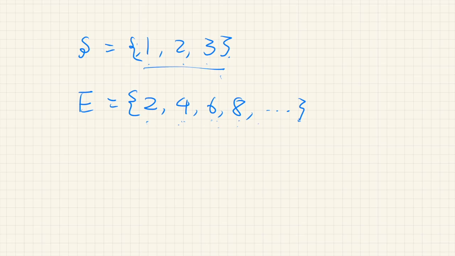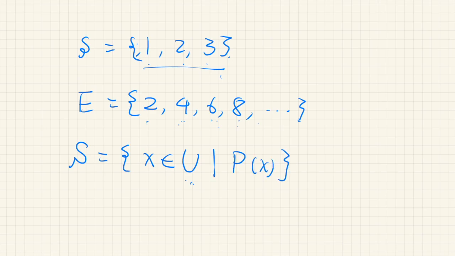So this may be obvious, but sometimes the rules may not be obvious. In that case, we define a set by using a predicate. For example, something like this: S is a set of x where x is an element of some other universal set U, such that P(x) is true. So P(x) is a predicate, as we learned in formal logic.